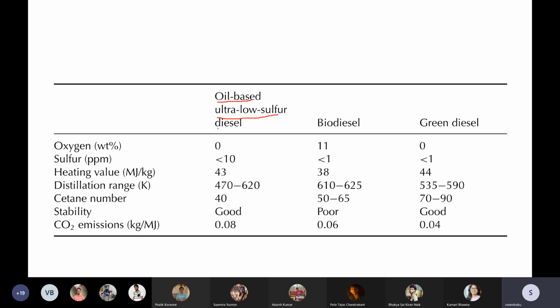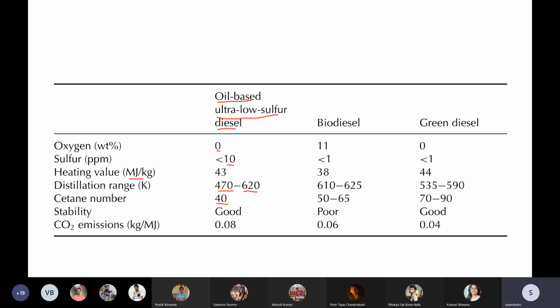If you see the characteristics, oxygen content is 0%, sulfur is less than 10 ppm, heating value is 43 megajoules per kg, and the distillation range, that is the boiling point range, is 470 to 620.